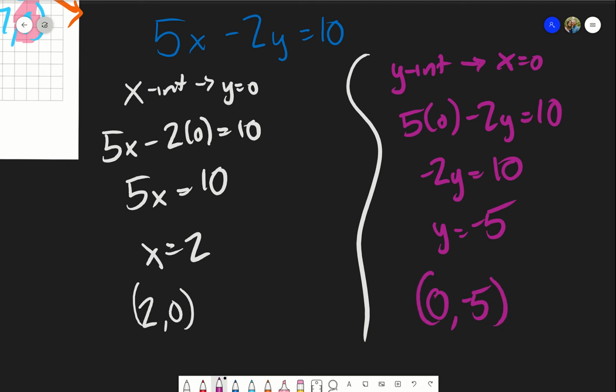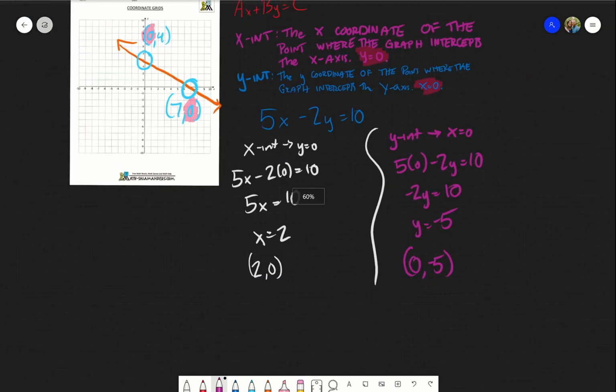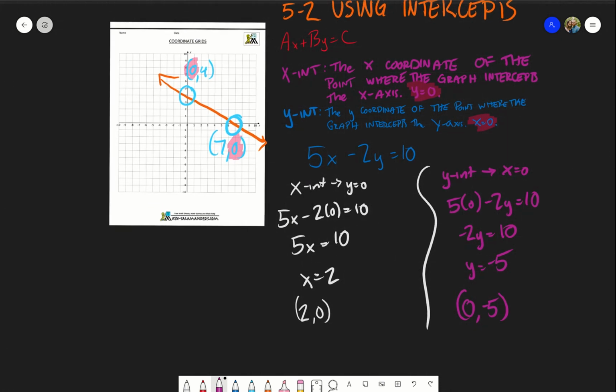Once I have these two points, I can go to my graph and put dots at (2, 0) and (0, negative 5).